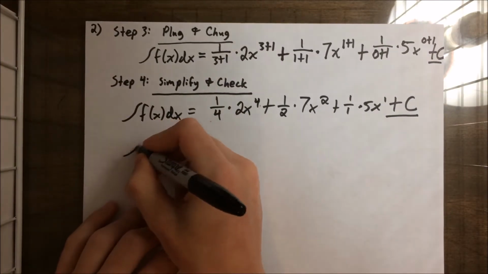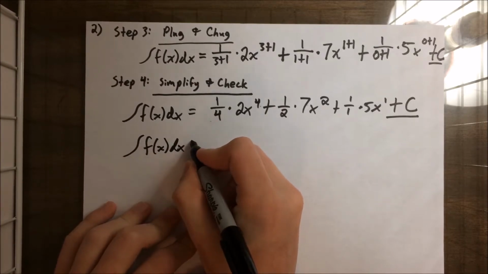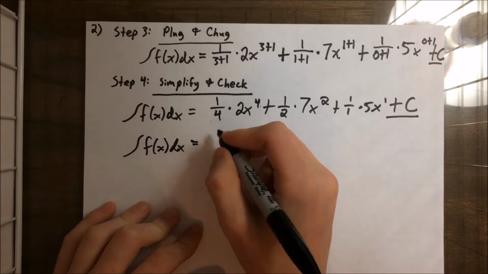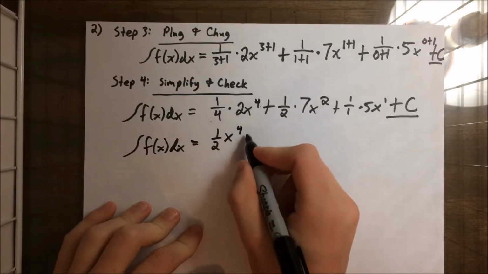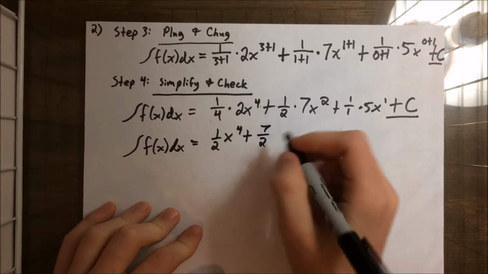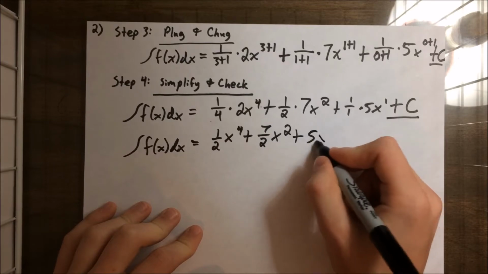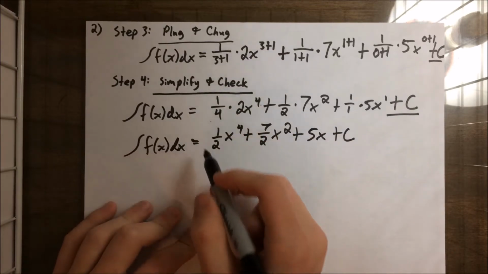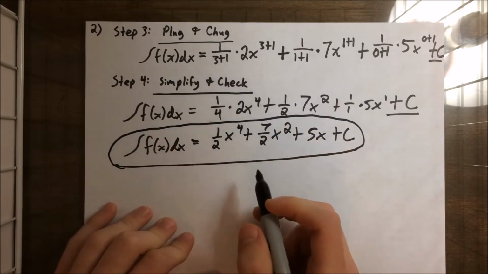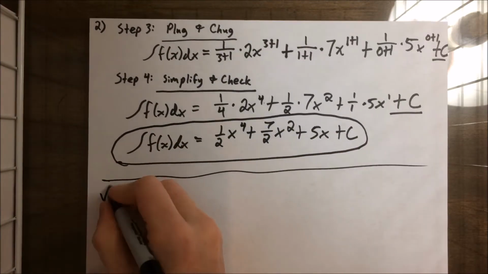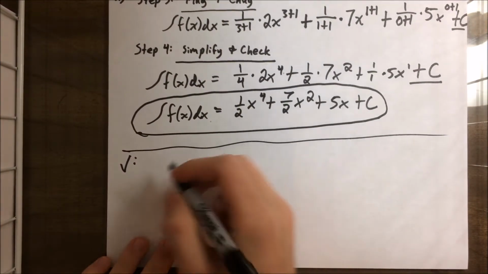Okay, so then the integral of f of x dx is equal to 1/2 x to the 4th plus 7/2 x squared plus 5x plus c. And this is your final answer. So to check, we're going to take the derivative as before.